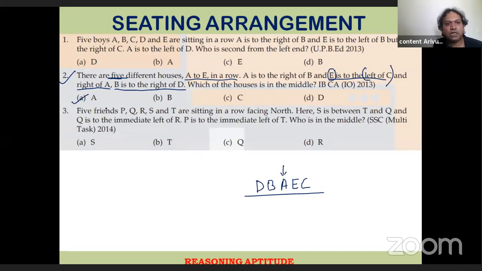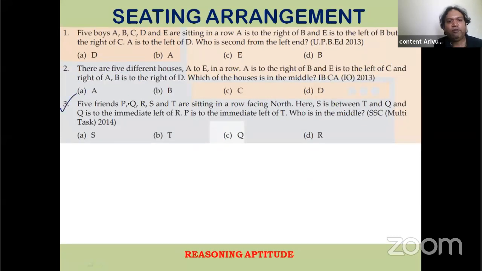All right, let's look at question number 3 here now. 5 friends P, Q, R, S, and T are sitting in a row facing north. So facing north again means right is towards our right, left is towards our left. That's the only purpose of this facing north. S is between T and Q. So let's say T is this side, just for the sake of solving the question.